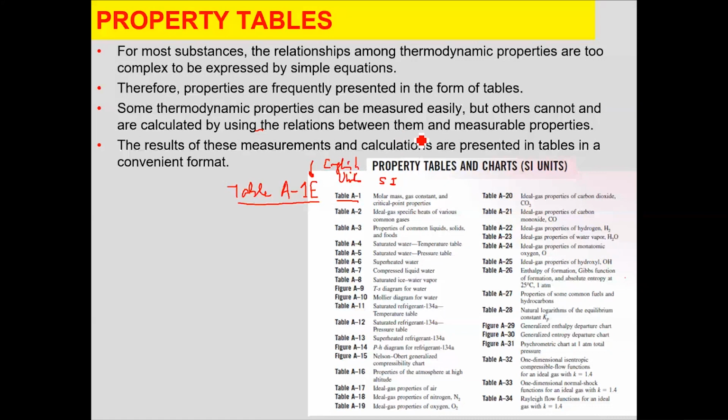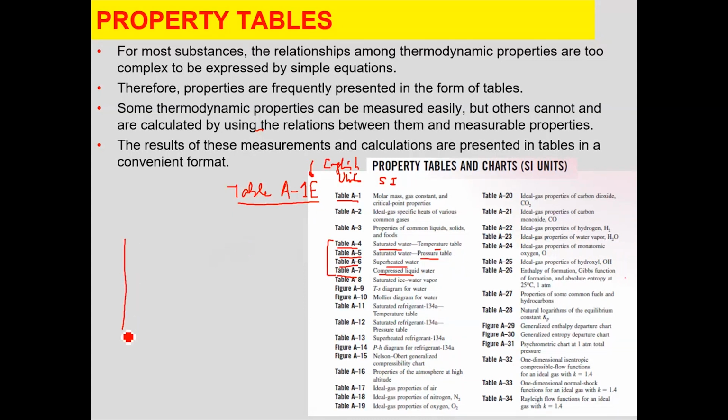Coming to the tables, the important tables from your point of view include table A4, A5, A6, A7. They deal with the saturated water temperature table, saturated water pressure table, superheated water, and compressed liquid water. They are basically known as steam tables or water tables, in which you have all the three regions defined for you.